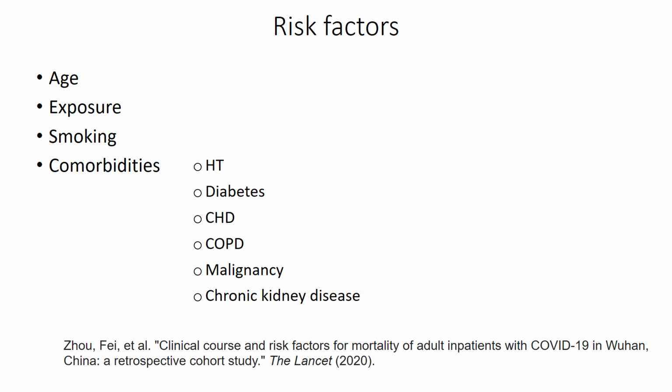There are different mechanisms at work here for different comorbidities, but we know, and I put these in roughly the order of how important they are based on a number of papers, including the paper by Zhu, which is mentioned here.